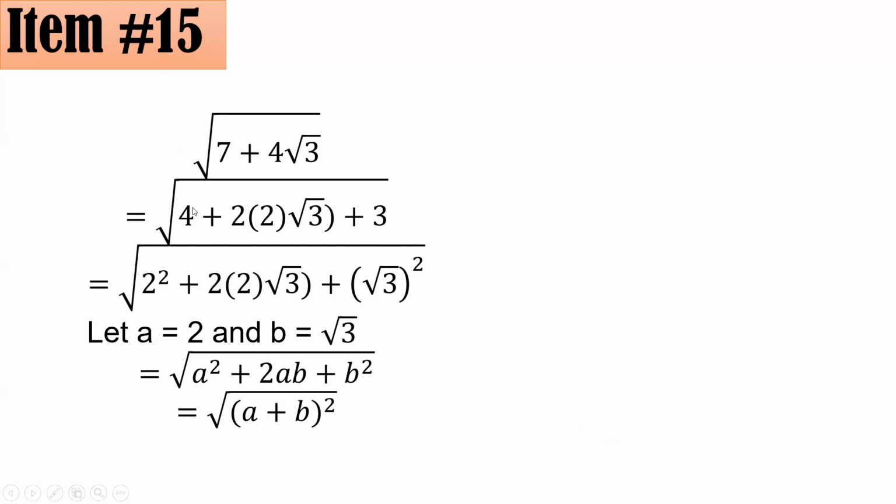I express 7 as 4 plus 3, and I express 4 as 2 times 2. I expressed 4 square root of 3 as 2 times 2 times square root of 3.